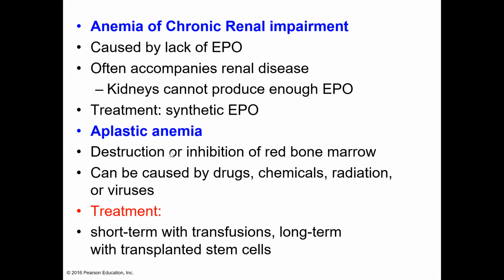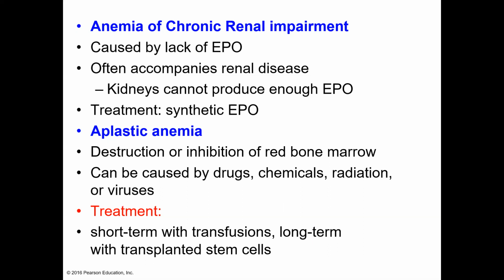Aplastic anemia, I talked about it in the beginning a little bit, and this is caused by destruction or inhibition of red bone marrow. This can be caused by many things: drugs, chemicals, radiation, viruses, or even cancer. There is some cancer that infiltrates into the bone marrow and destroys it, so the bone marrow will not be capable of producing red blood cells.